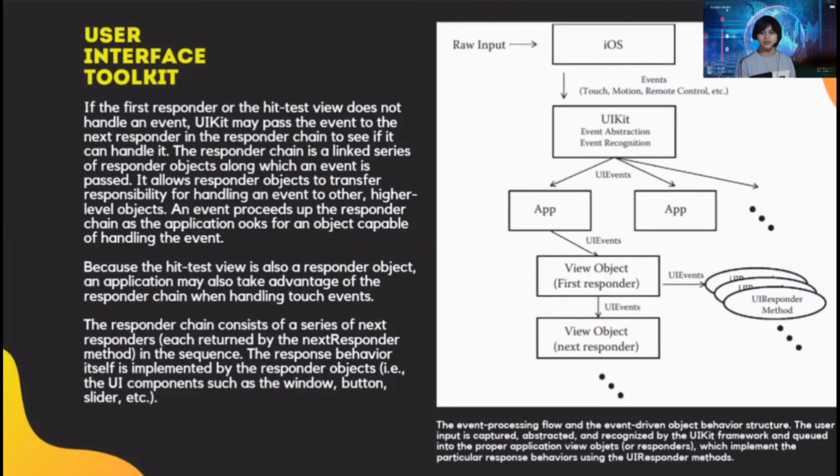Okay. So this is the last one, I think. Okay, so in this diagram, if the first responder, di ba siya man to maglantaw, or the hit test view does not handle an event, UIKit may pass the event to the next responder in the responder chain to see if it can handle it. Okay?